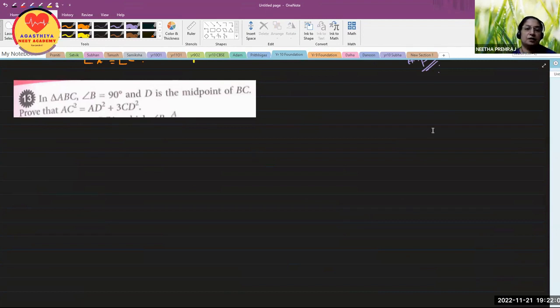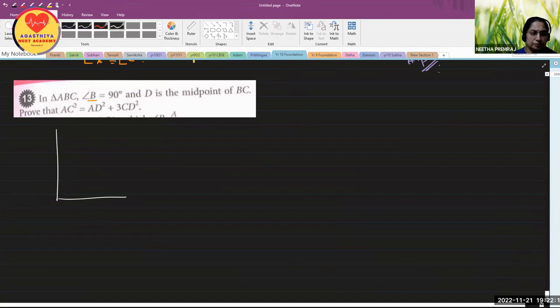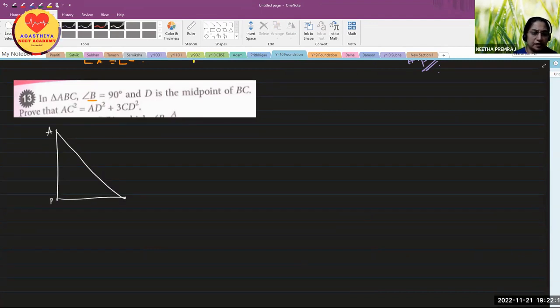So what is given in the sum? There is a triangle ABC and B is 90 degrees. So it is a right angle triangle, isn't it? And D is the midpoint of BC.